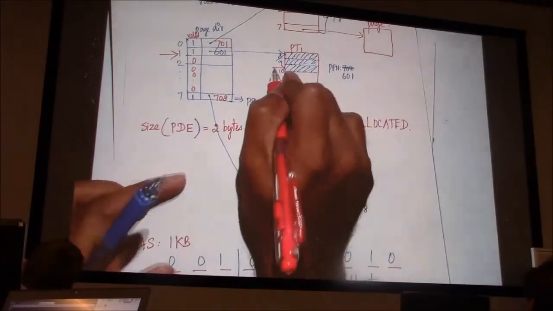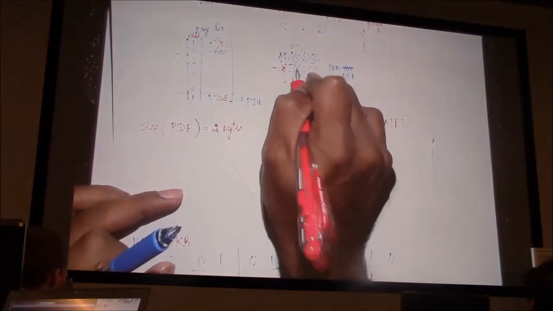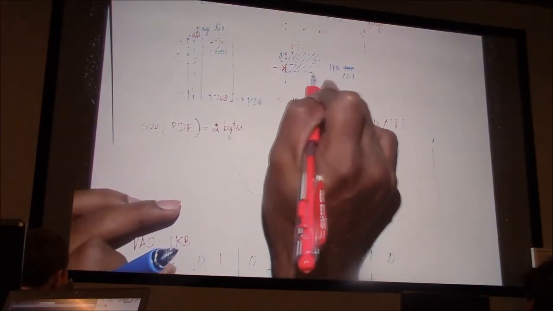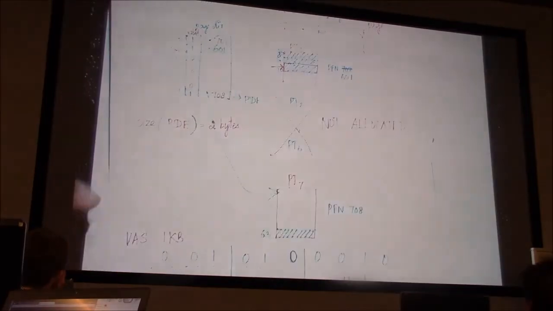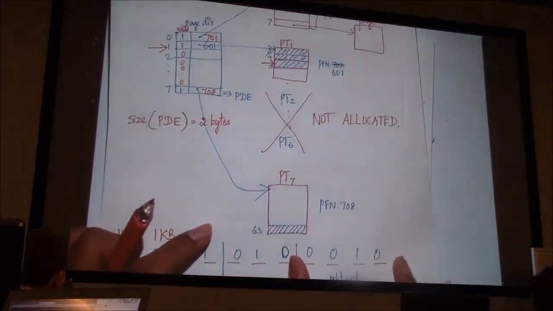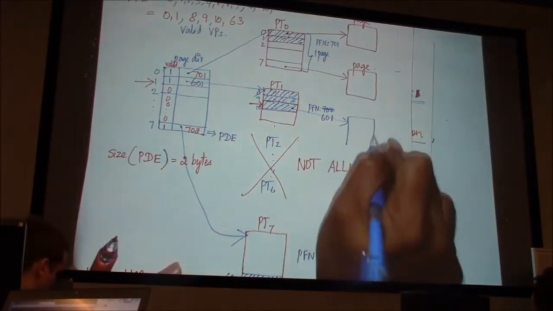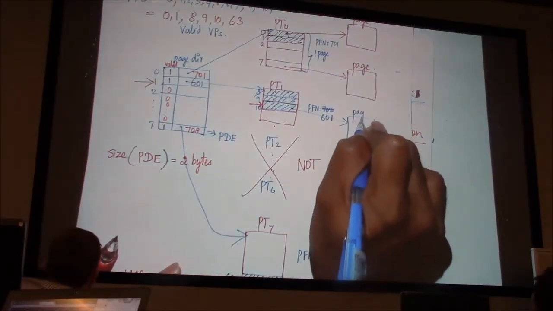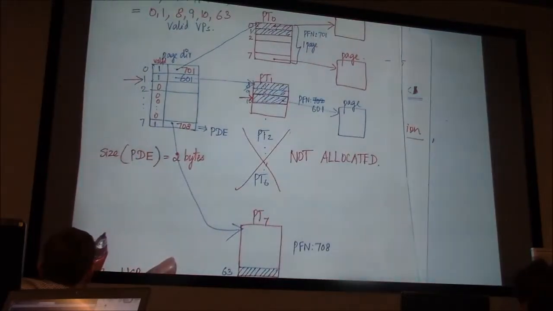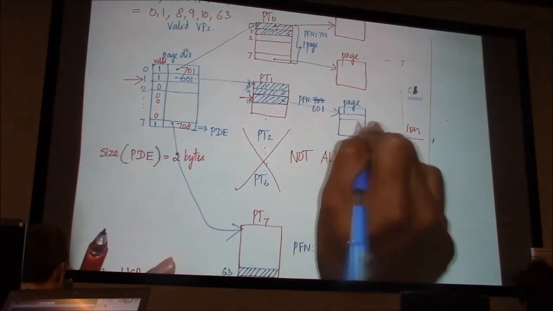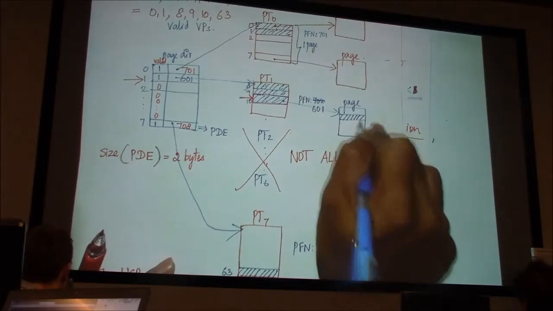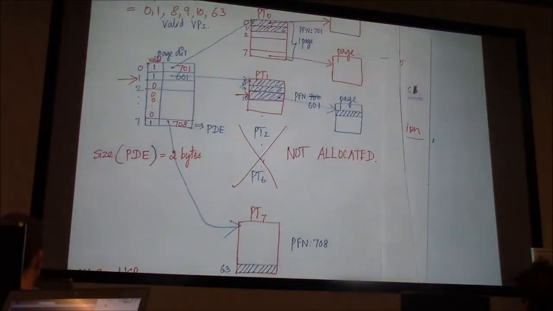This is 2, now this is 0, 1 and 2. So we are talking about this particular page inside this page table, and this is the offset within that page. This entry points to some actual physical page, and within that we are talking about the second byte within that page, 0, 1, 2. That is what this means.